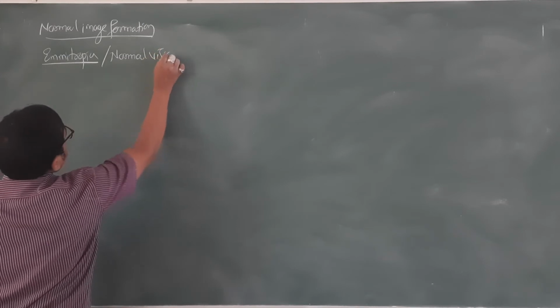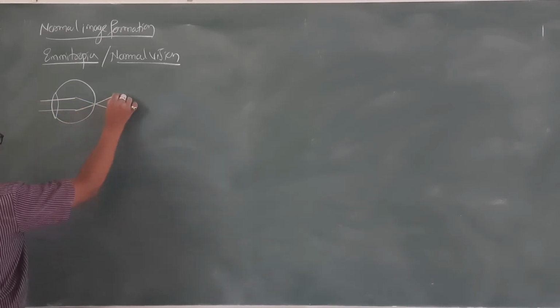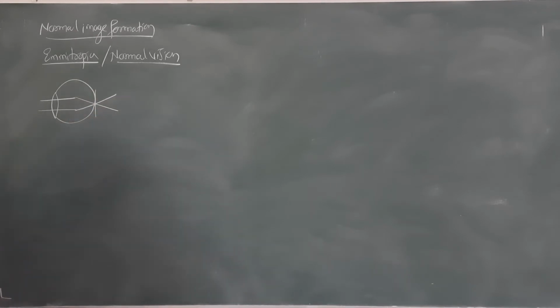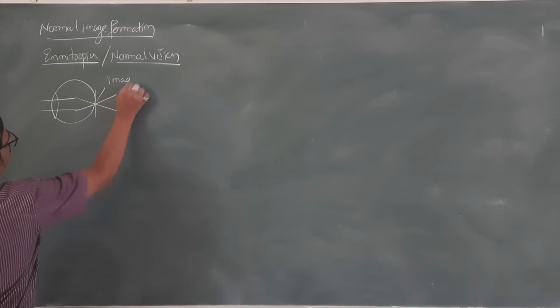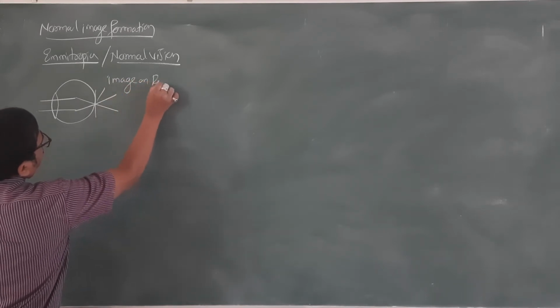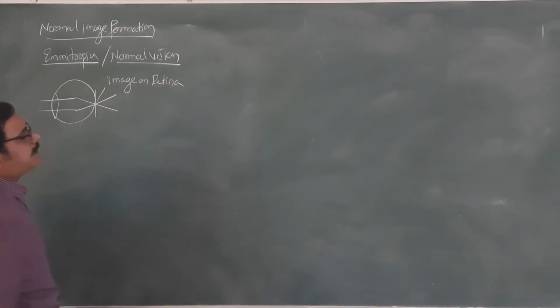Now, in emmetropia we have the lens and this is the eyeball. The light rays pass and create an image on the retina. So an image on the retina is a very normal thing. This is what we say is emmetropia, or normal.